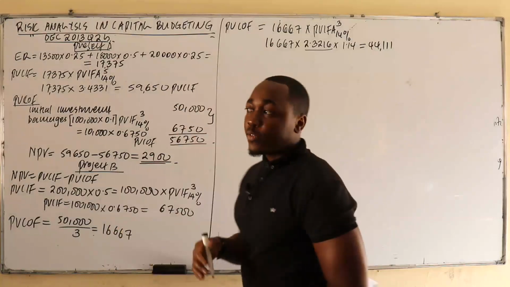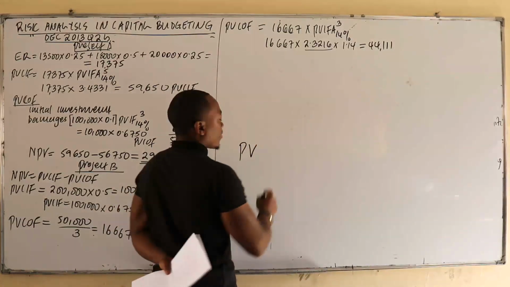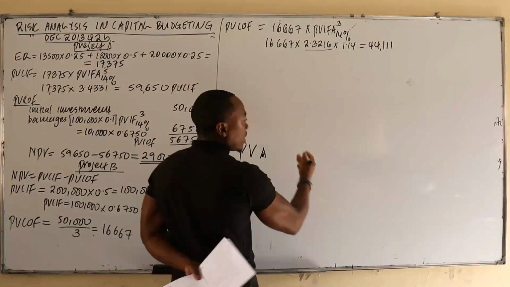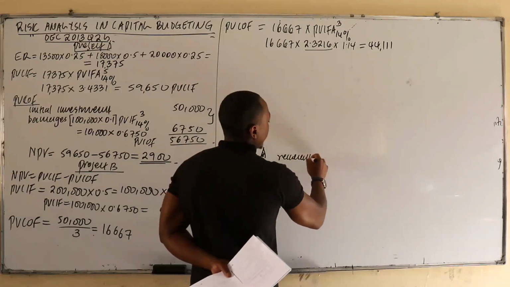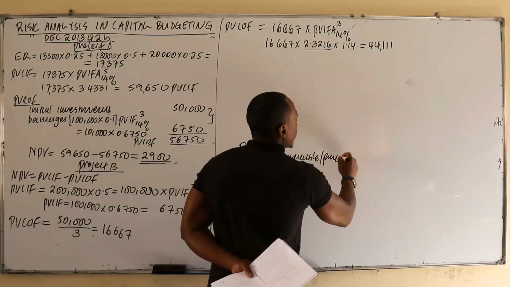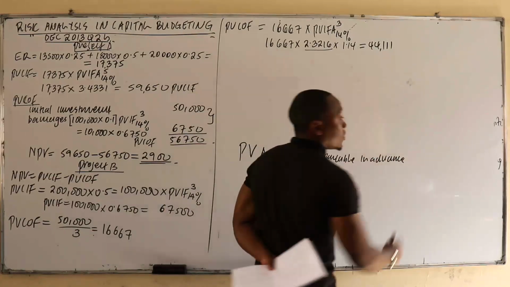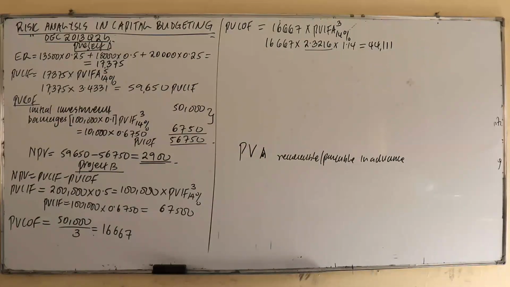So let me take you back to financial management. How do we get the present value of an annuity receivable or paid in advance? It's, for example, how you pay rent. You have a rental property. When getting the present value, you don't get the rent at the end of the month.